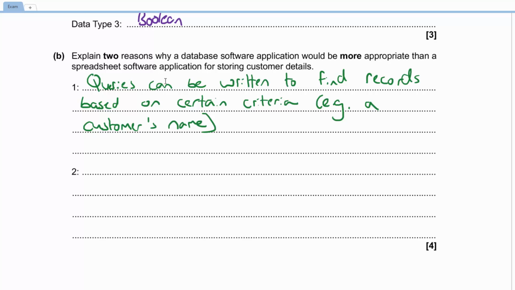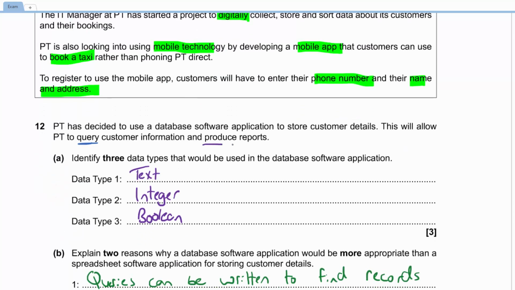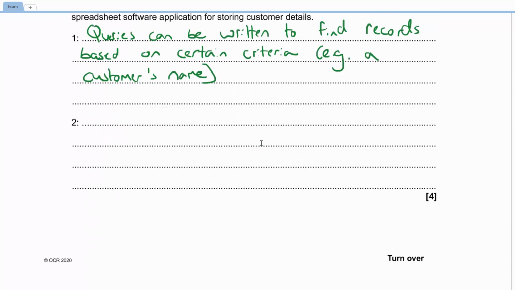We could also mention, it's kind of given us actually reasons already. So we can also, where is it up here, mentions about reports. So where's, actually it mentions down here about reports. So a report, as I said earlier, is sort of where you summarize data and you present it in a slightly more appropriate format than just a table. So we could say reports can be generated, which means created, and also crucially stored.